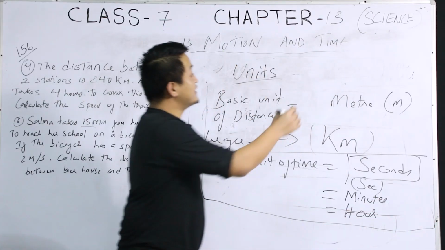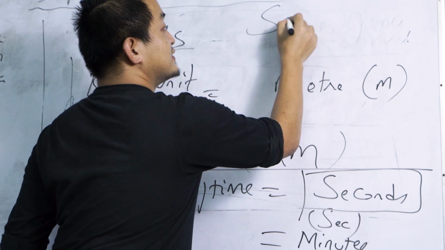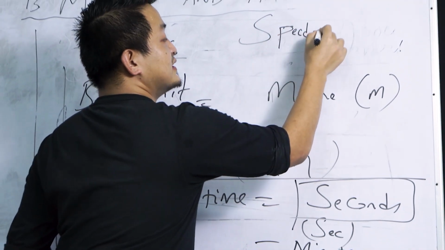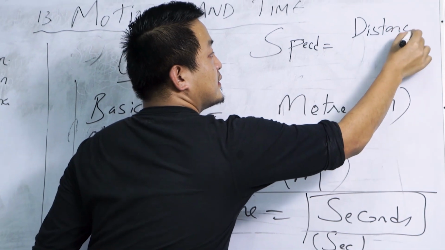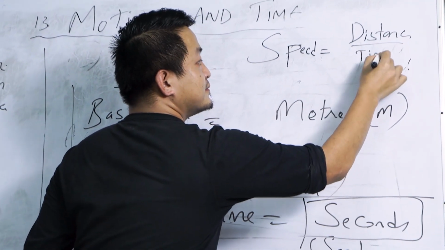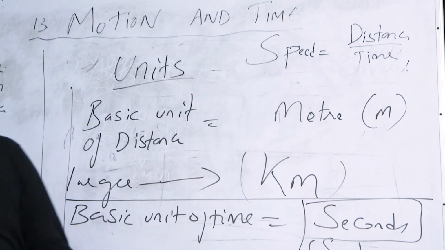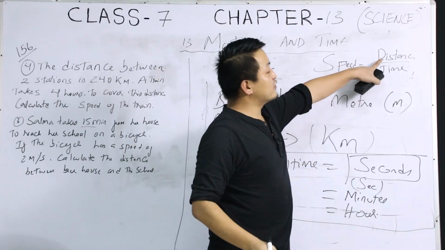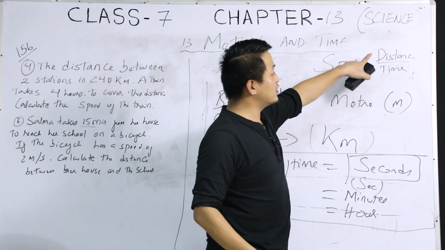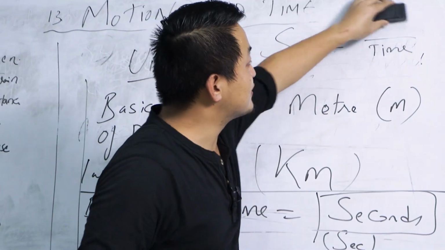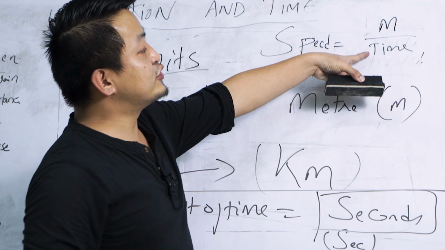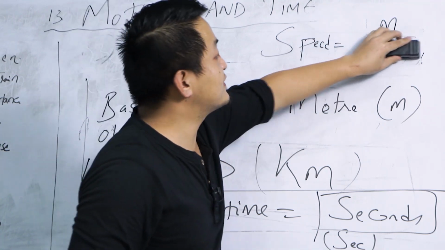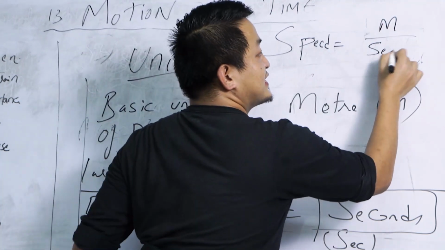So students, I have already explained the formula for speed, that is distance by time. So from here, what is the unit of distance, students? The unit of distance is meter, the basic one. Now what is the unit of time? The basic unit would be seconds.